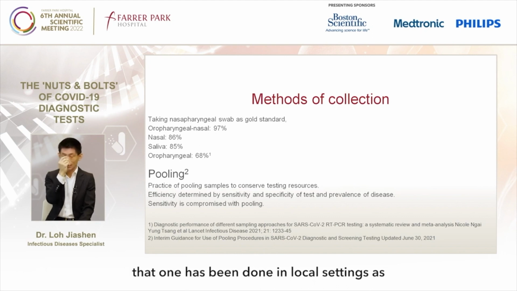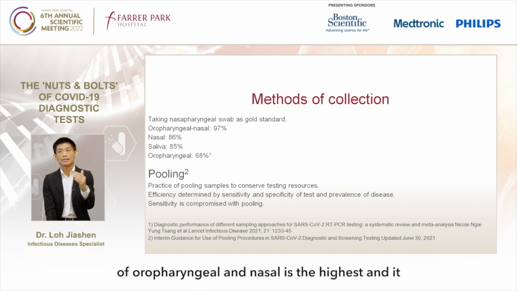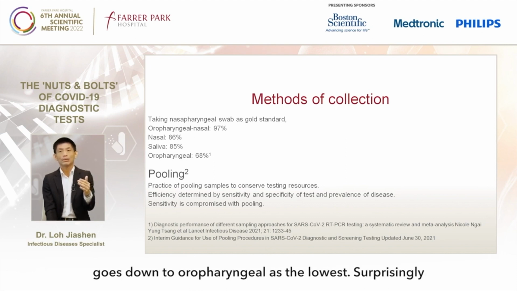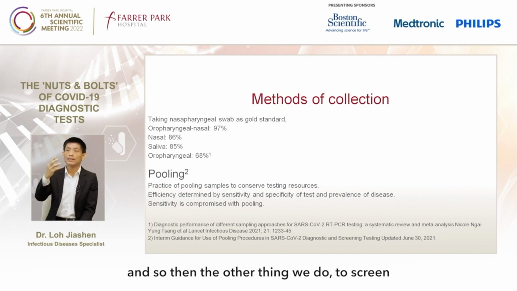That one has been done in the local setting as our routine testing. So it seems like the combination of oropharyngeal and nasal is the highest, and it goes down to oropharyngeal being the lowest. Surprisingly, saliva is quite sensitive.